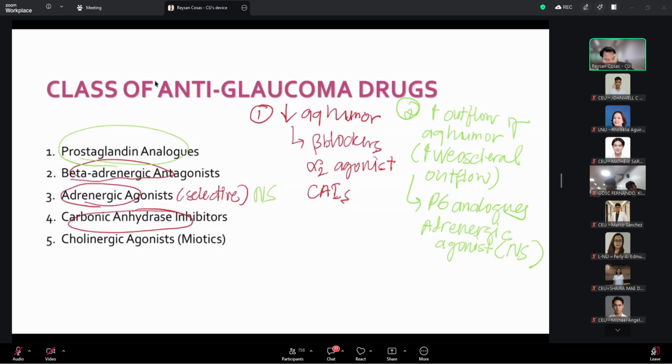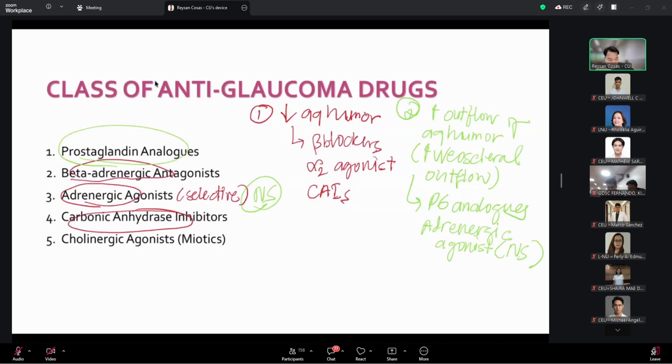So yung mga non-selective, sila yung mga nag-i-increase ng uveoscleral. Like for example, the one I told you before sa autonomic drugs, the epinephrine.